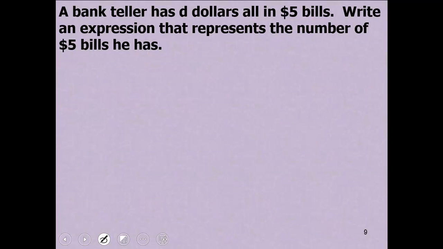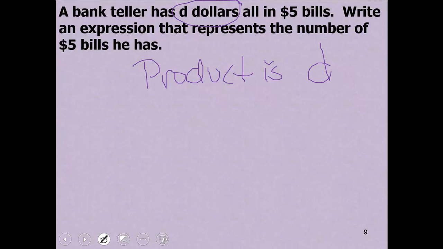All right, a bank teller has D dollars all in $5 bills, so he has no other bills except $5 bills. Write an expression that represents the number of $5 bills he has. My product is D, because that's the amount of money that he has, D dollars.